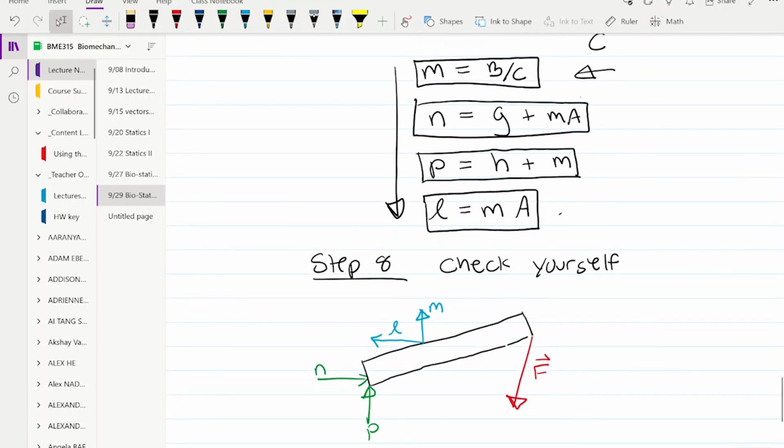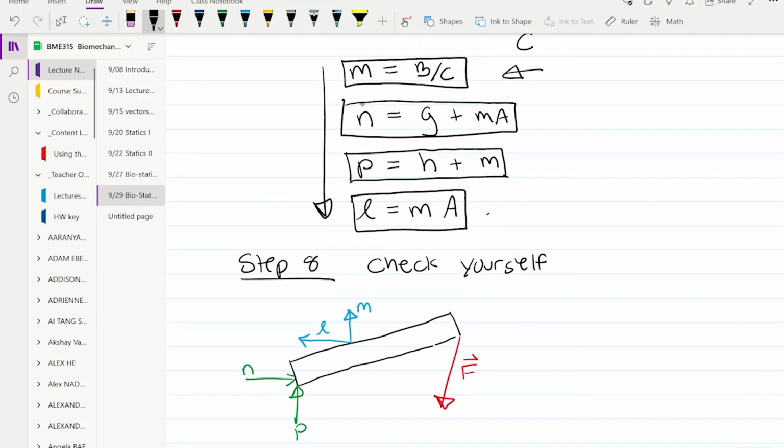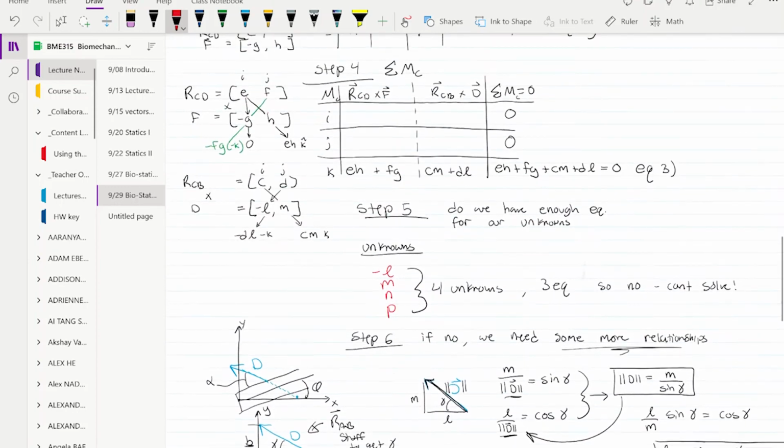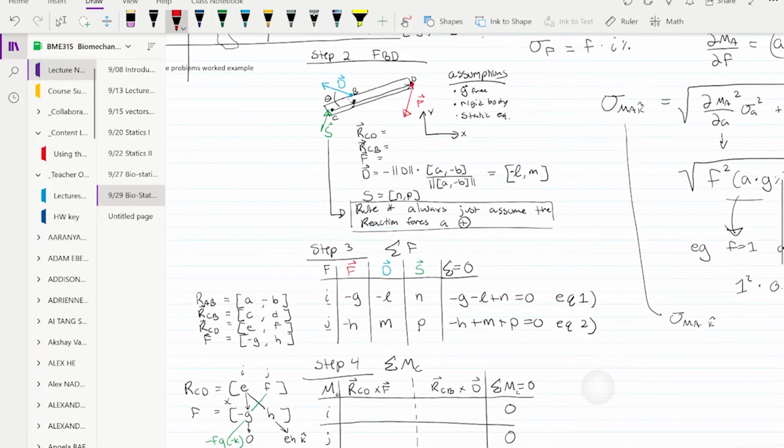All right, so now when you solve for all the magnitudes of these, you plug them back in, and you got to see if they work. Do the directions make sense? What was that one? It was GH.